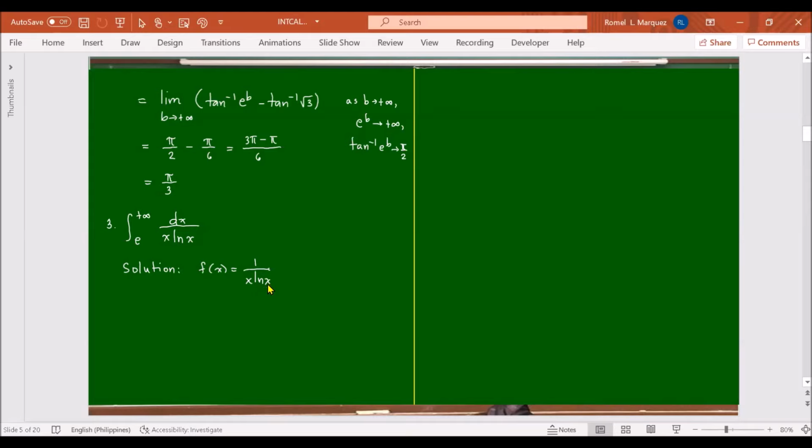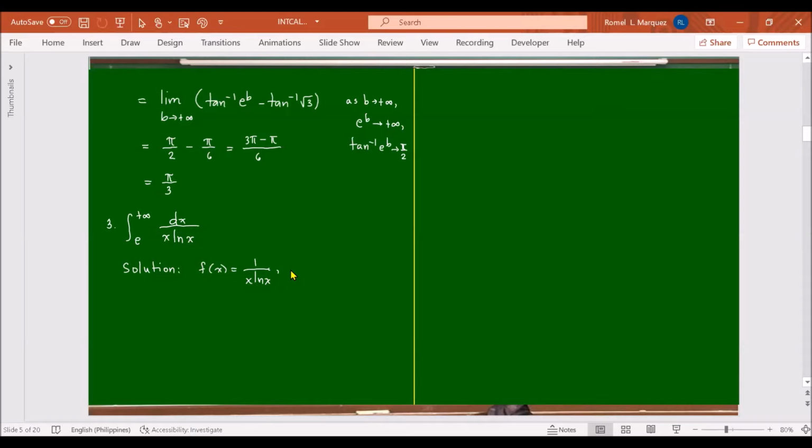But when x is greater than 0, except when x is equal to 1, this is continuous. So since we are just going from e to positive infinity, it has no problem with those values.